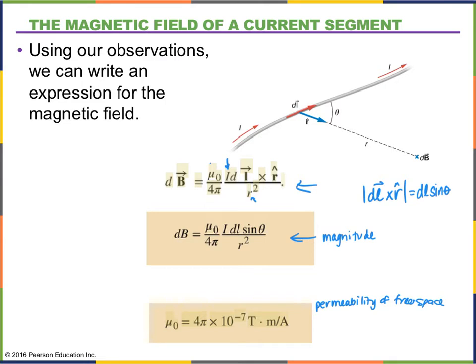And so this is how we see the magnitude. So this is called the law of Biot-Savart, and it describes how we can calculate the magnetic field due to current. Of course, what we would actually end up doing if we wanted to calculate the full magnetic field is we would integrate this expression, so that we would be using the entire piece of current.